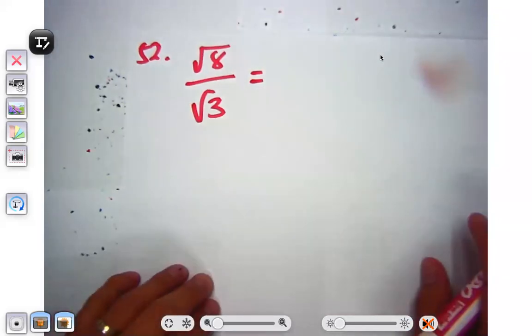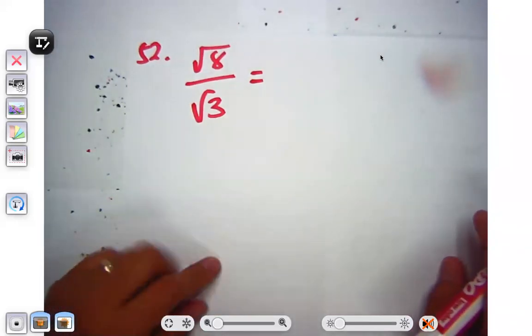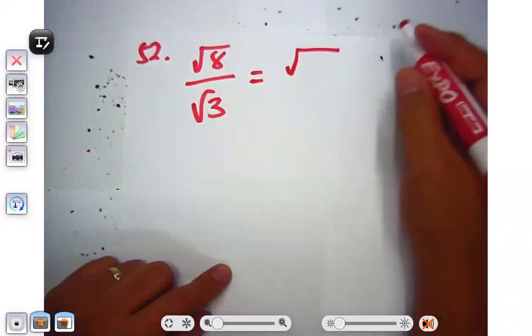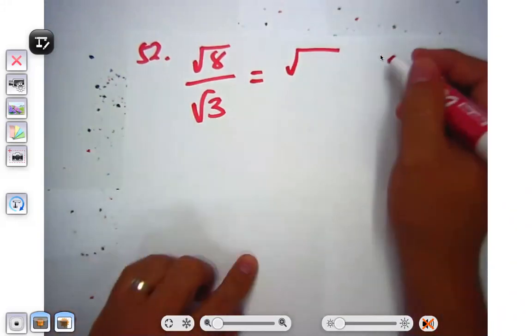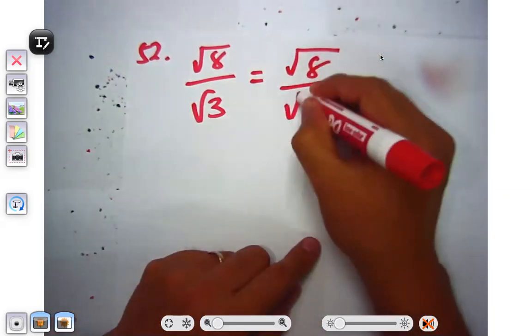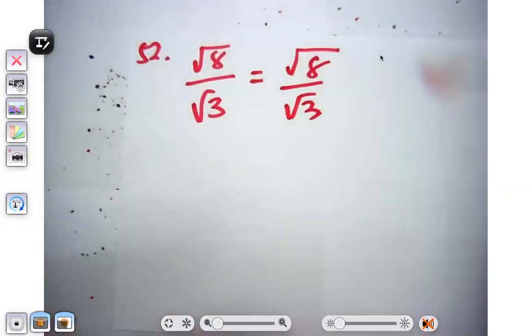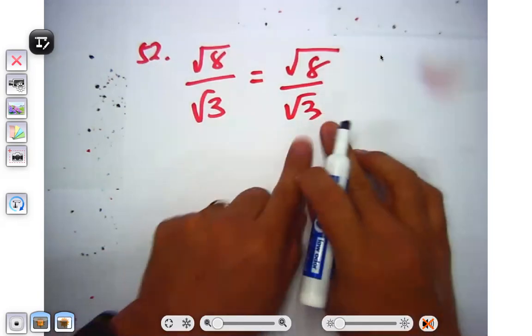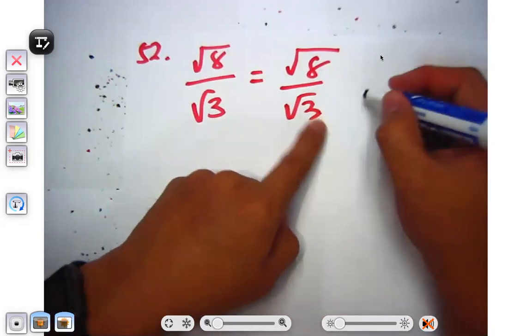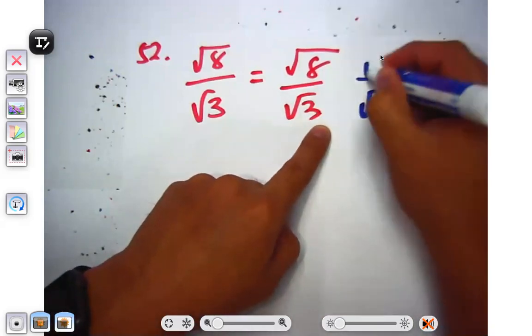Square root of 8 over square root of 3. We can think of a radical that will make this a perfect square root. So we can multiply this by, to make this a perfect square root, we can multiply it by square root of 3.